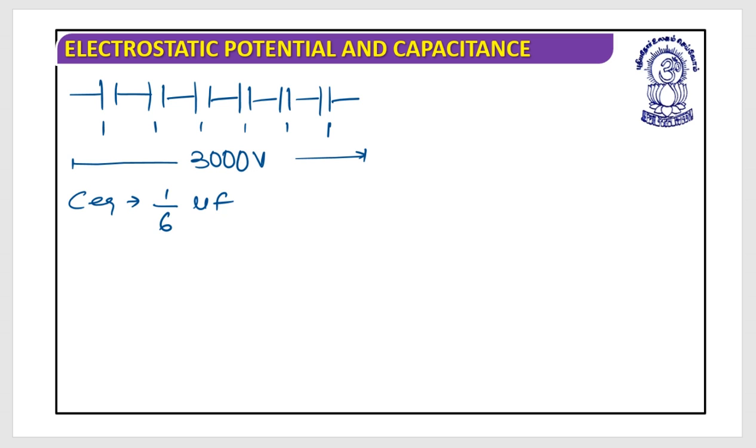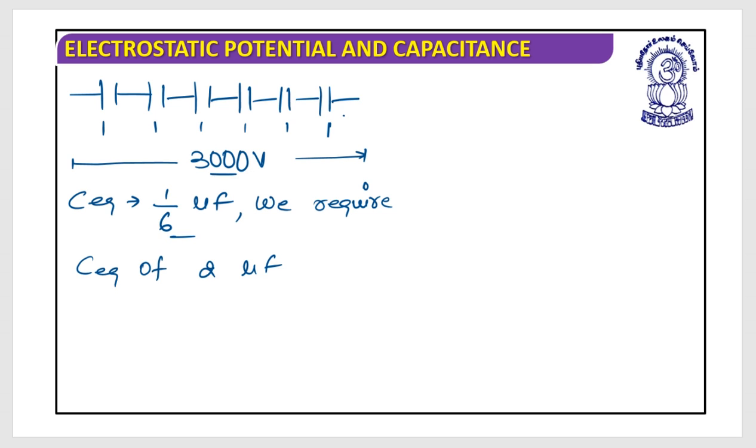Now what we require is C equivalent of 2 microfarad. So what we are supposed to do is arrange such branches in parallel, because it will make sure that 1 by 6 plus 1 by 6 plus 1 by 6, and so on, will become 2.